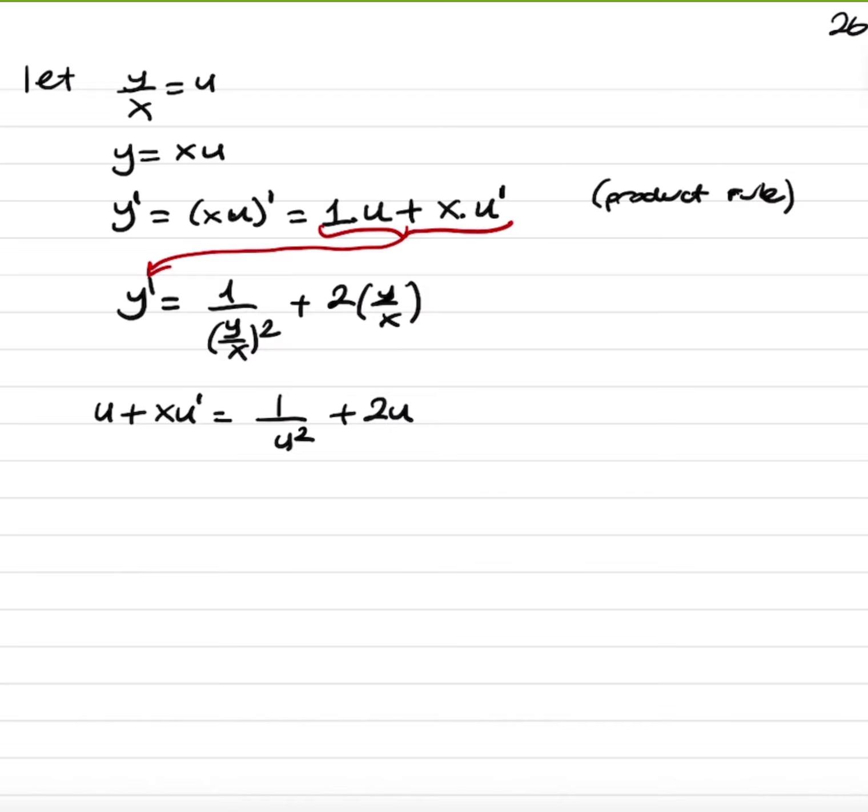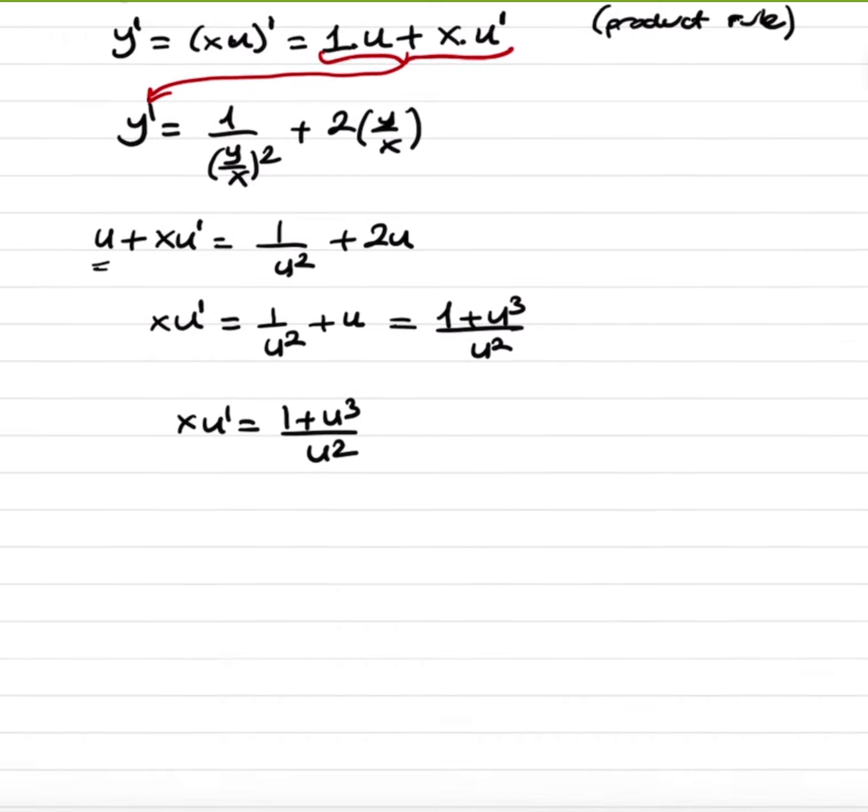Now it should be separable, because this method will reduce homogeneous differential equations to be separable, and I put this u to the other side, so I will get u. So this is actually 1 plus u cube over u square. So we have x u prime is equal to 1 plus u cube over u square. Now it is separable.